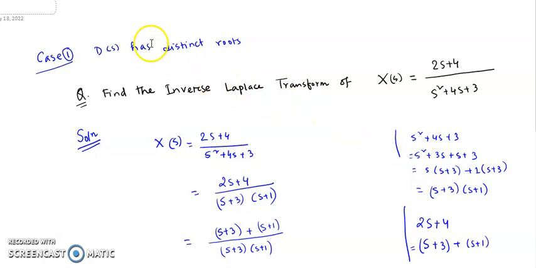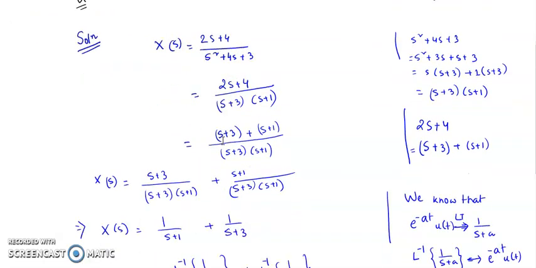In that type we need to make this X(s) function into partial fractions. We have to divide it. How can we divide into partial fractions? See here, we have substituted s² + 4s + 3 as (s + 3)(s + 1), and the numerator is the same, 2s + 4.